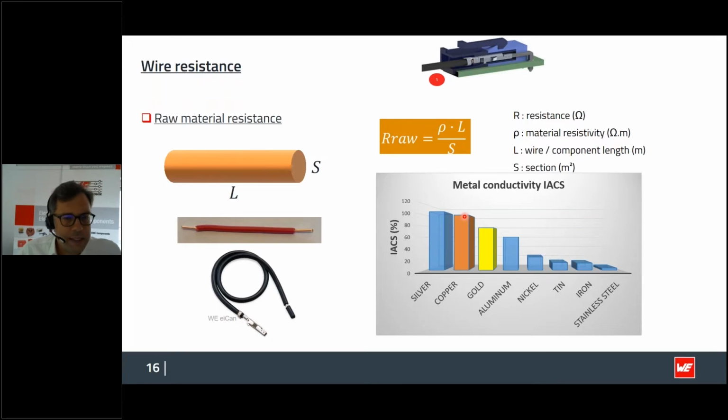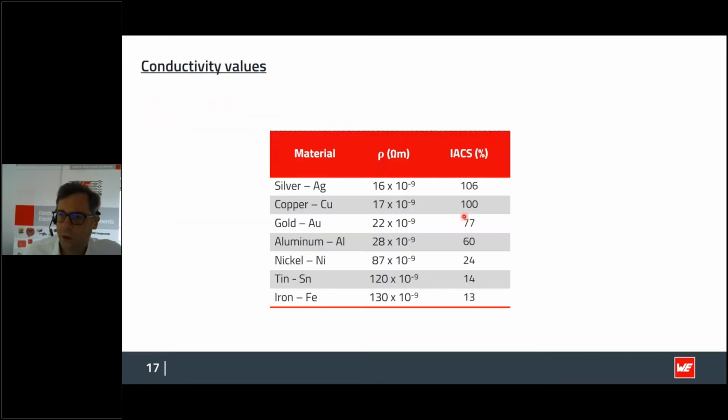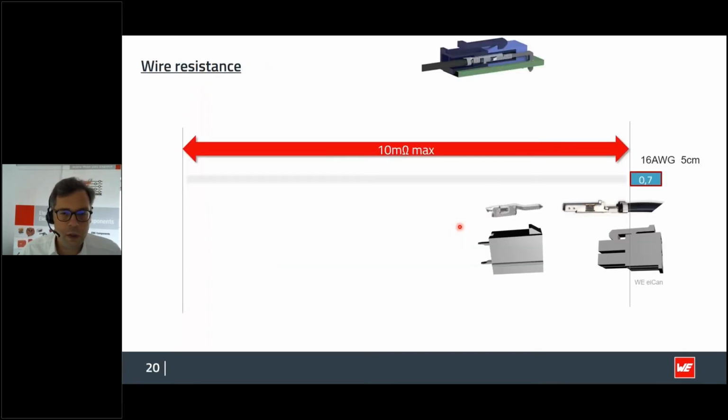Here I want to show you the comparison: with copper we've got 100%. Later, you will also see the conductivity of silver, which we use for some of our products, and also gold, which is around 77% in comparison to copper.